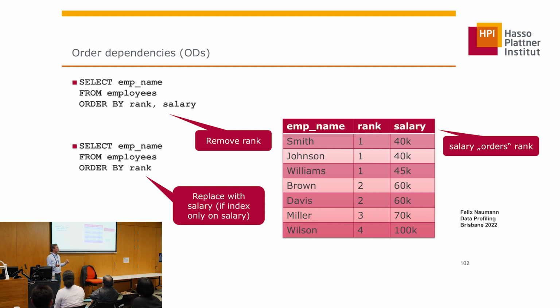How can you improve this query? Easy question, I hope. So you're trying to give me all employee names ordered by rank and salary. Ordering by rank and salary meaning order them by rank, and in case of ties, order them by salary. This is the idea. So what can we do to simplify this query?